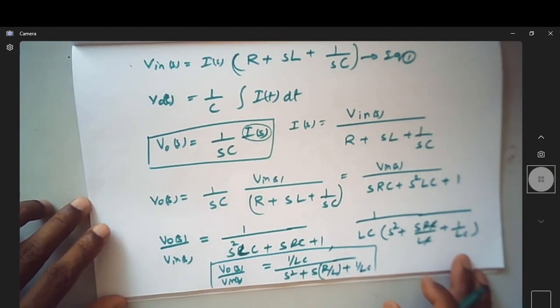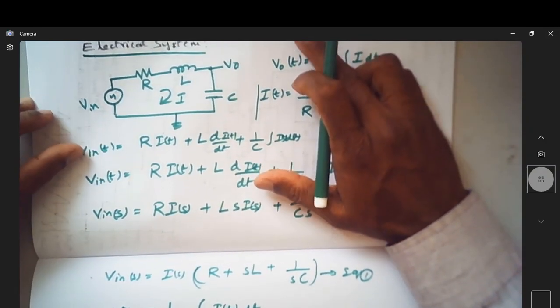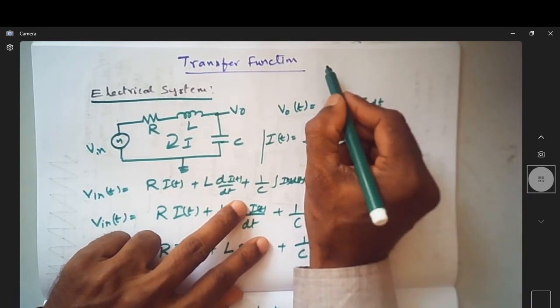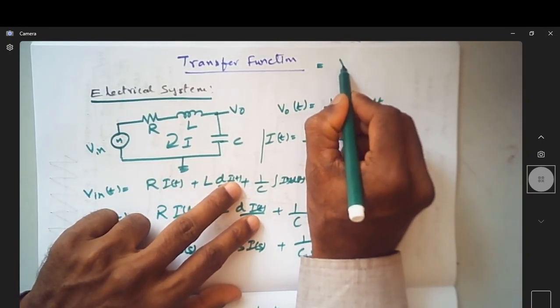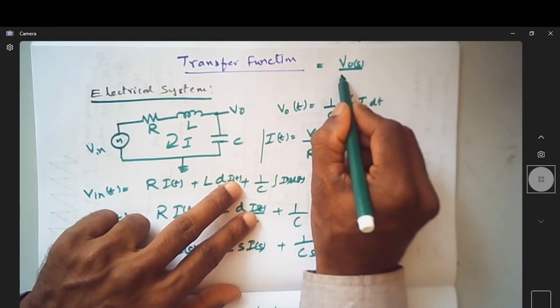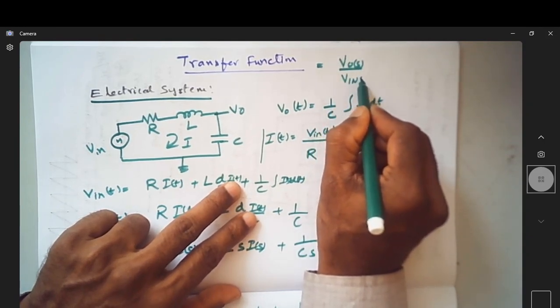What I mean to say is the transfer function of any given electrical system is defined as the ratio of Laplace transform of the output voltage by Laplace transform of the input voltage.